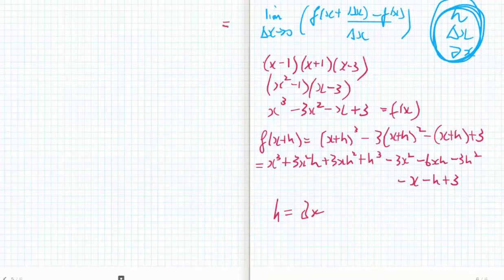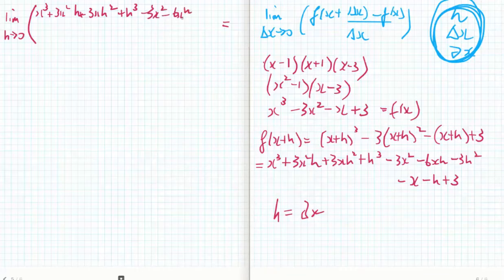So this is going to equal the limit as h approaches 0 of x cubed plus 3x squared h plus 3xh squared plus h cubed minus 3x squared minus 6xh minus 3h squared minus x minus h plus 3, minus all of this.